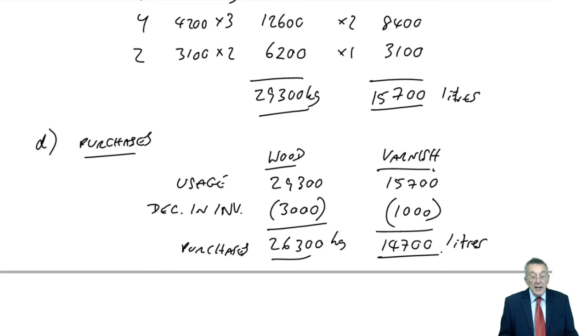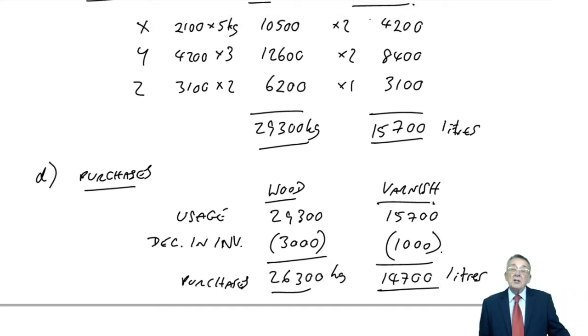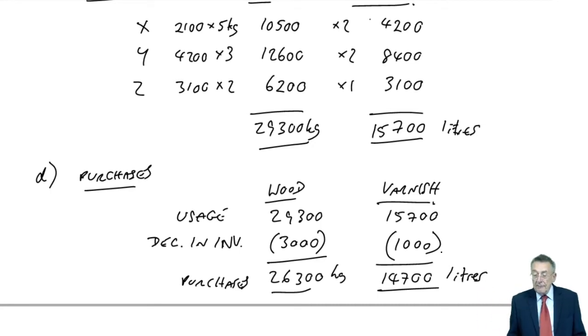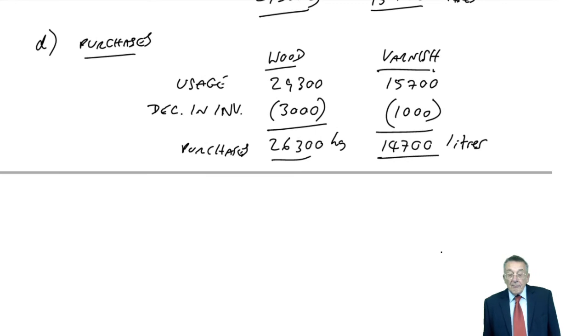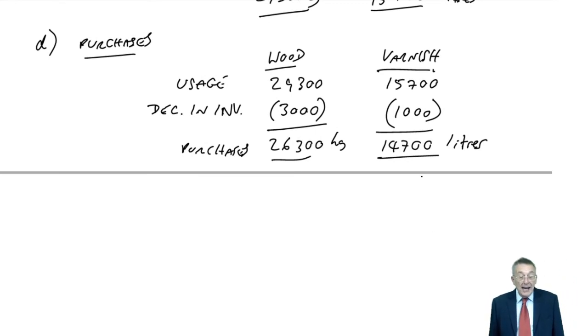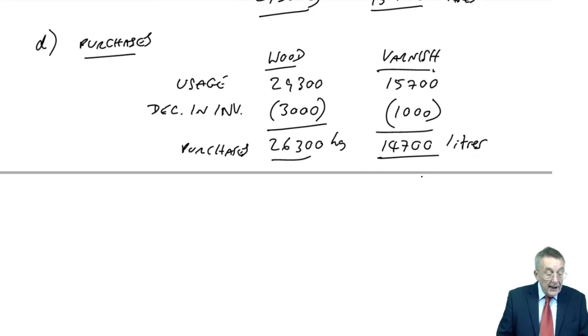So again, one thing leads to another. We couldn't do that until we knew the usage budget. We couldn't do the usage budget till we knew the production budget. They have to be done in order. Here, because we are actually going to buy them, it wants to know the quantities and the value. Well, that's easy. The standard cost of wood is $8 and of varnish is $4.